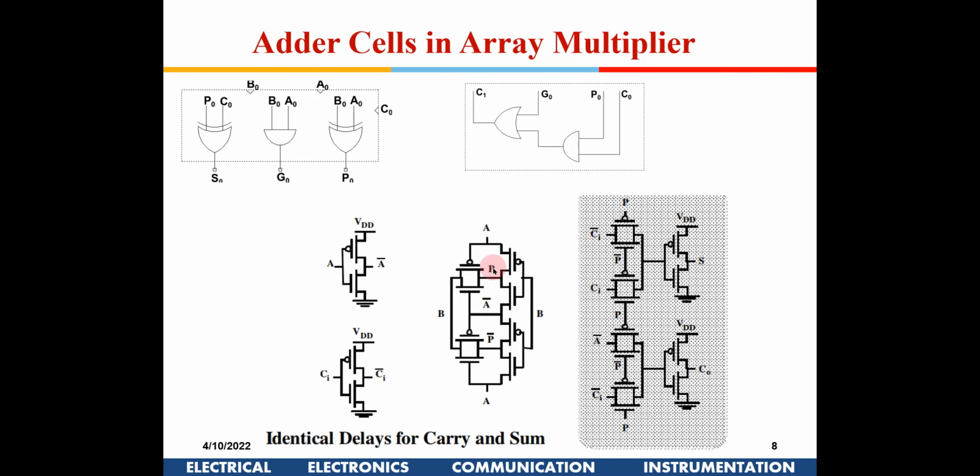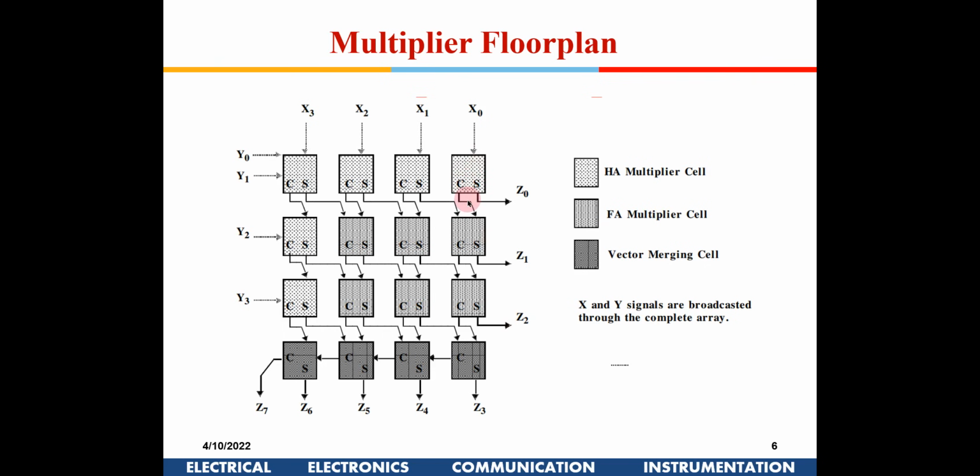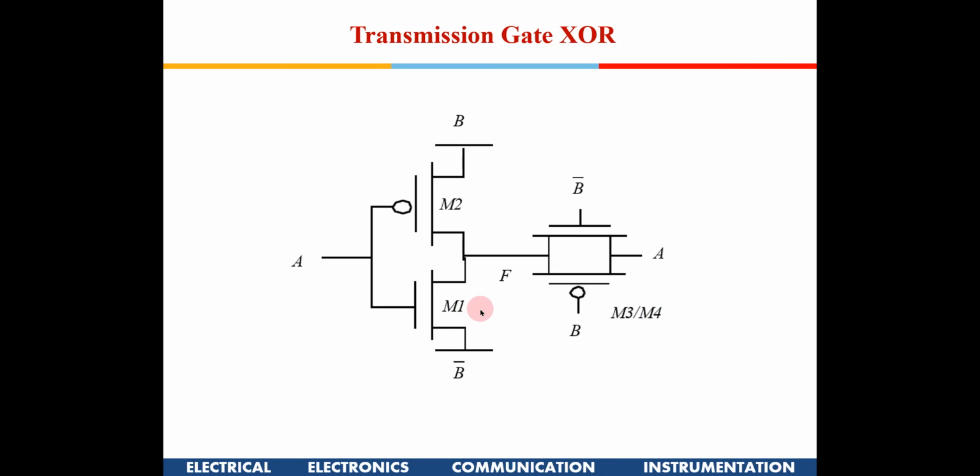Why are we discussing this? These full adders are not the 28 transistor full adders which are generally used inside this block. We studied the 28T CMOS full adder. We are saying that a much better option is available to implement these full adders inside each multiplication block.